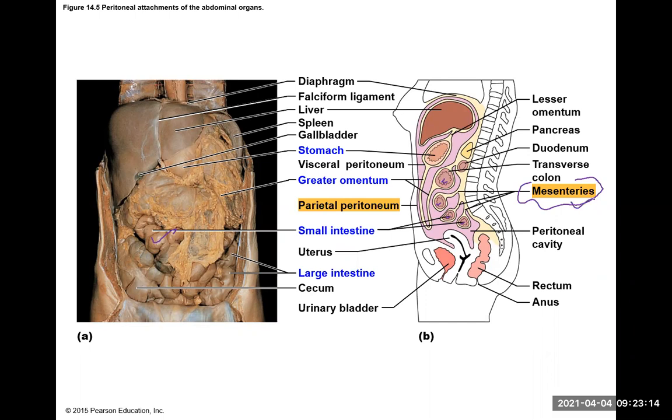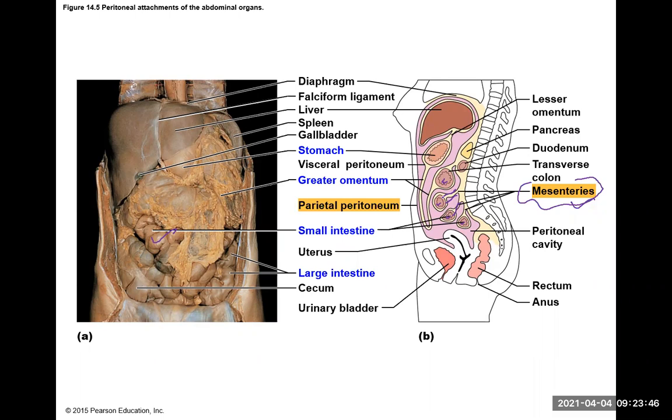What is a mesentery? As you can see here, mesentery is a double layer. Mesentery is a double layered peritoneal membrane, again a serous membrane. This mesentery is there because it can hold the organs to each other and to the body wall, especially your small intestines or the large intestines.